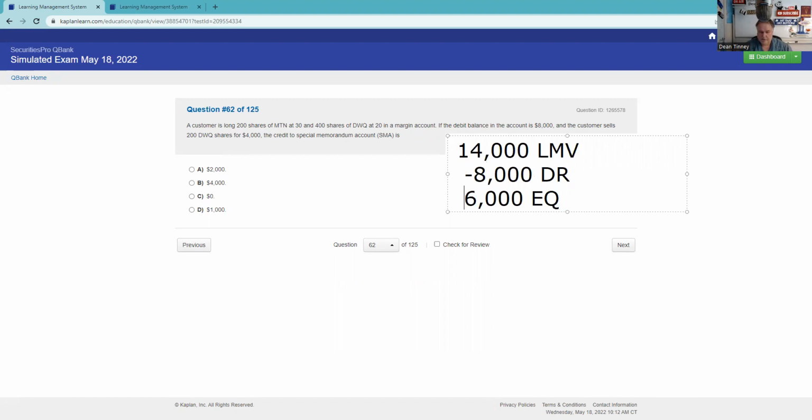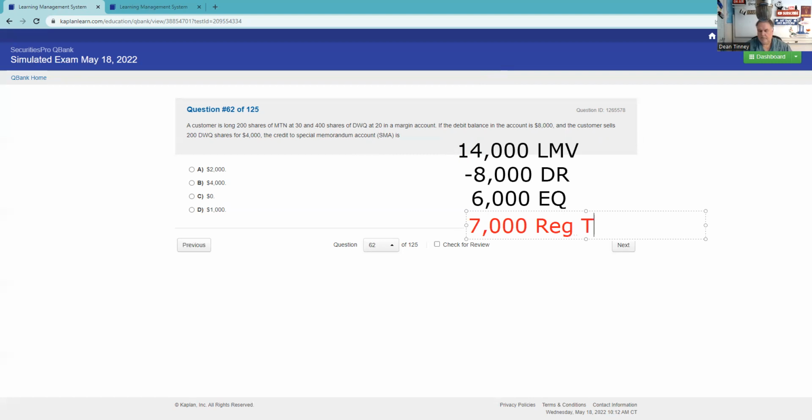Well, I would definitely know the classical margin equation, which is long market value minus debit equals equity. So I just want to make sure I did the math here. 400 times 20. Yep. And 206. Yeah. All right. So then what I always want to do as a margin clerk, I want to see if perhaps I can't loan you more money. So now I'm going to compare that to Reg T.